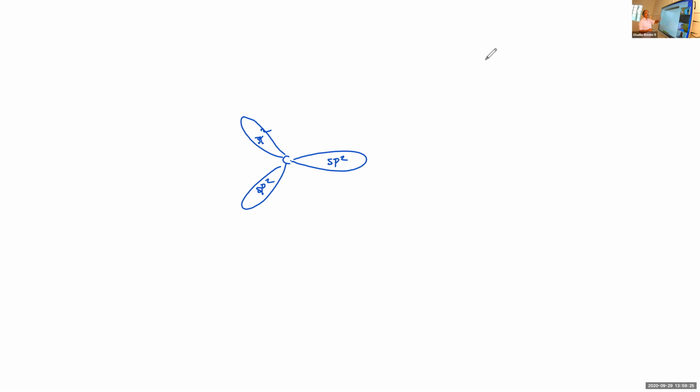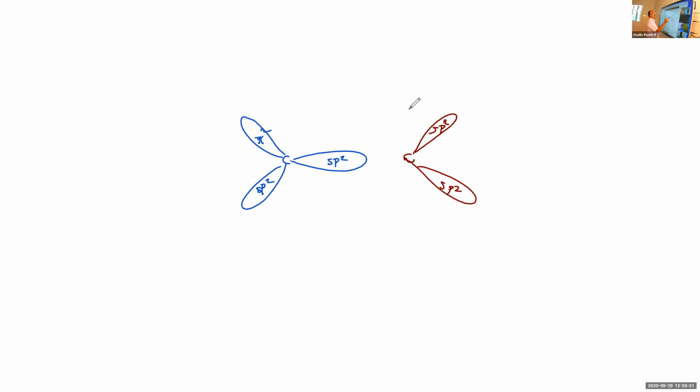They are lying in the same plane. Now you take the case of the second carbon atom. Now second carbon atom also, there is the same hybridization. Here there is one sp2 hybrid orbital, there is the second sp2 hybrid orbital.